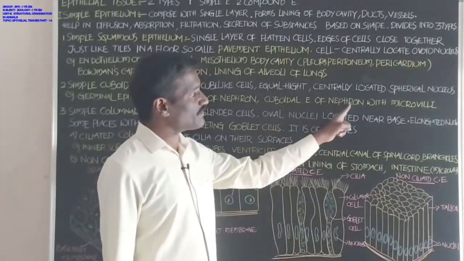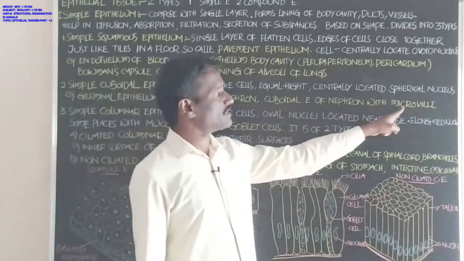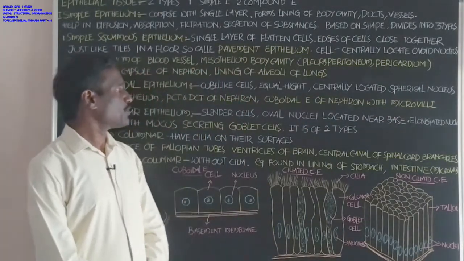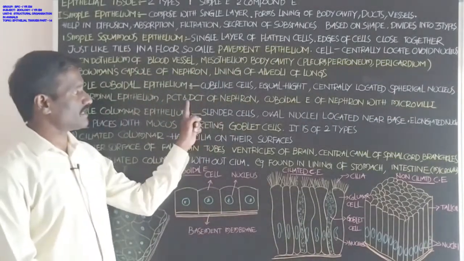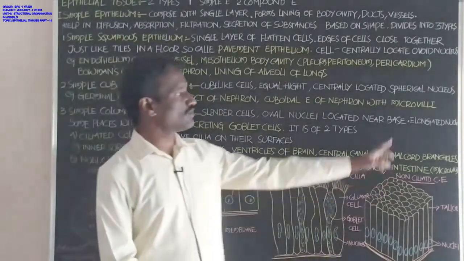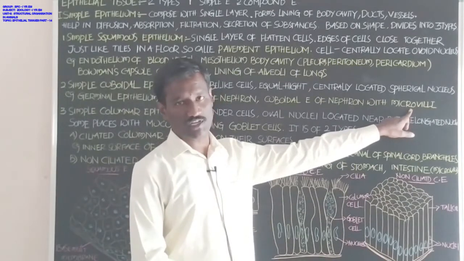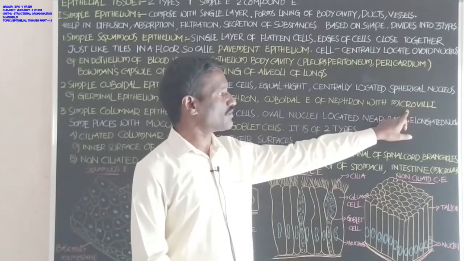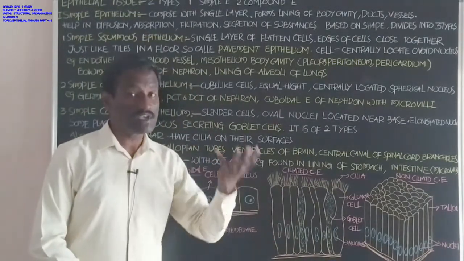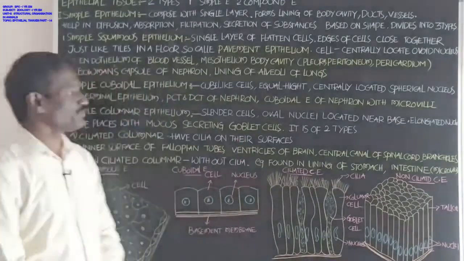The cuboidal epithelium of the nephron has microvilli. Students, the cuboidal epithelium present in the region of the PCT and DCT of the nephron also has microvilli. Microvilli are additional structures present on the surface of the cells of epithelial tissue.